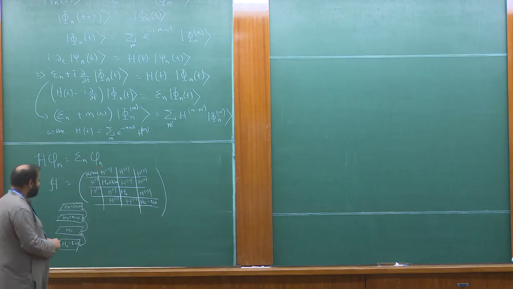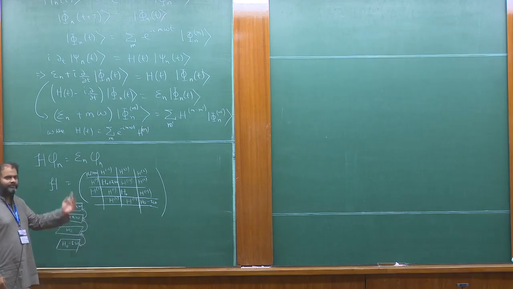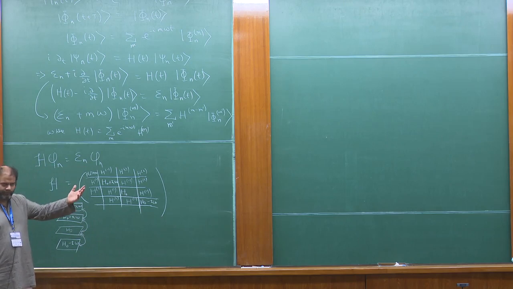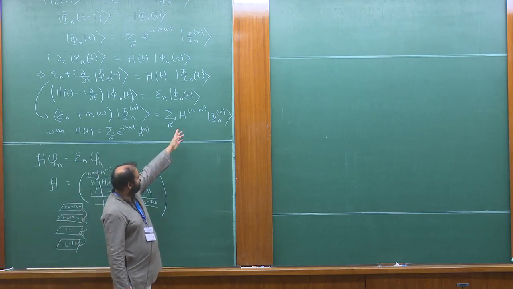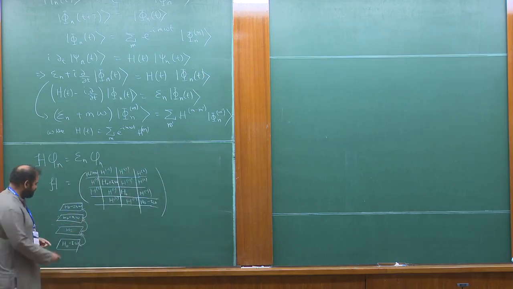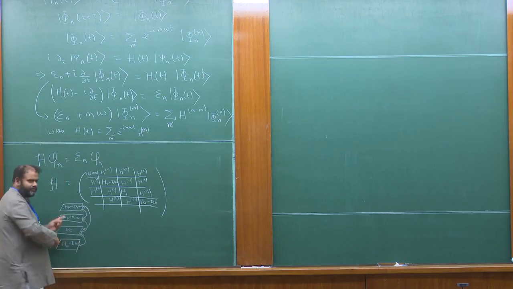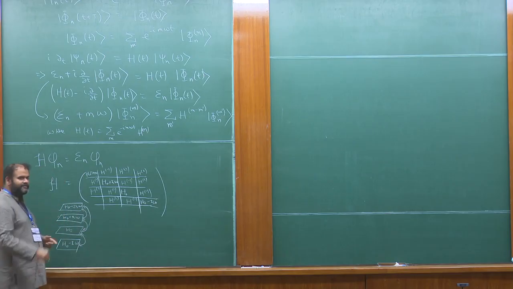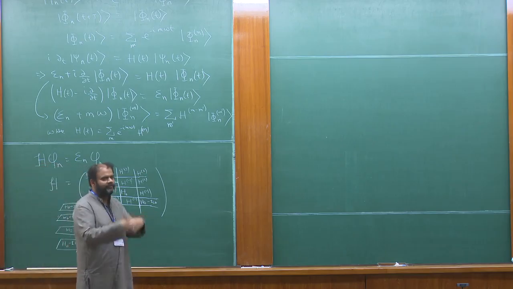If you have to go from one to another, you have to either gain photons or lose photons, which is given by this m minus m prime. So all these things that connect one to another, you can think of as processes that gain photons or lose photons.